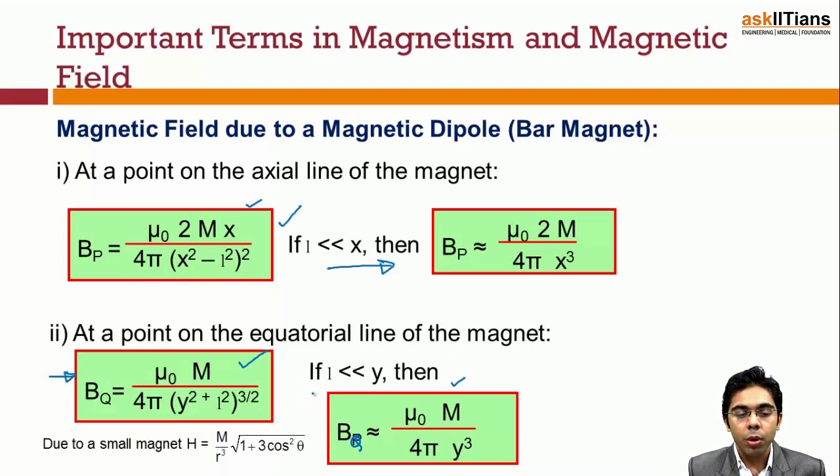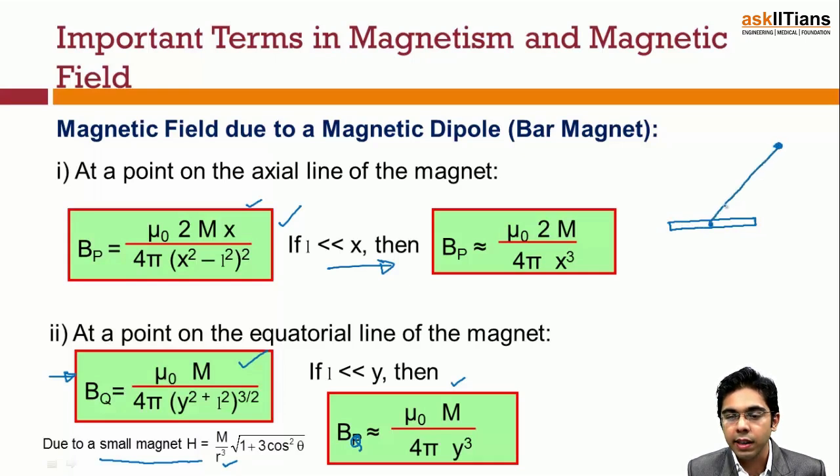Now, due to a small magnet, the magnetic field comes out to be m by r cube times under root 1 plus 3 cos square theta. This is similar to the cases you must have done for the electric dipole. Consider a very small bar magnet and a point P at an angle theta.